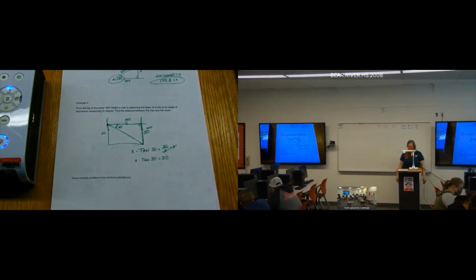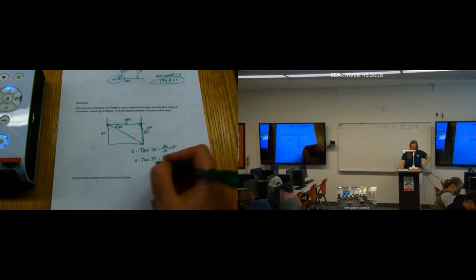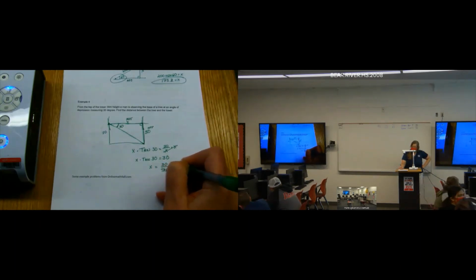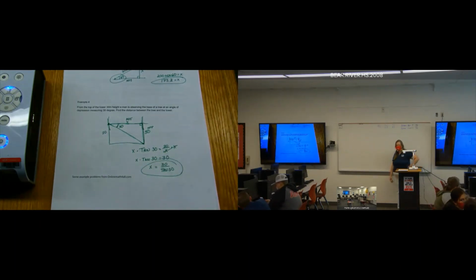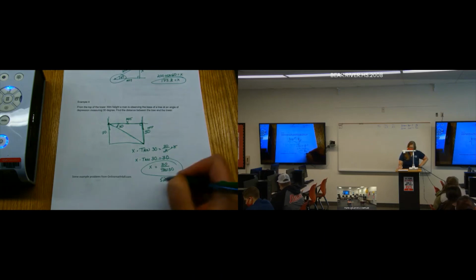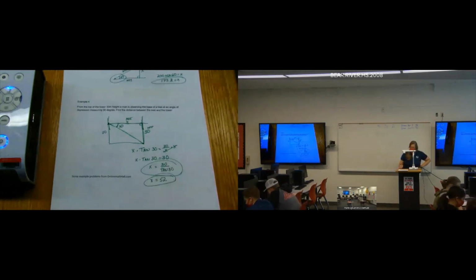You have to get the X alone. What do I have to do? Get rid of the tangent and the 30. And then I type it in and I got my answer, which is 52. It rounded up. Okay, and there's our answer.